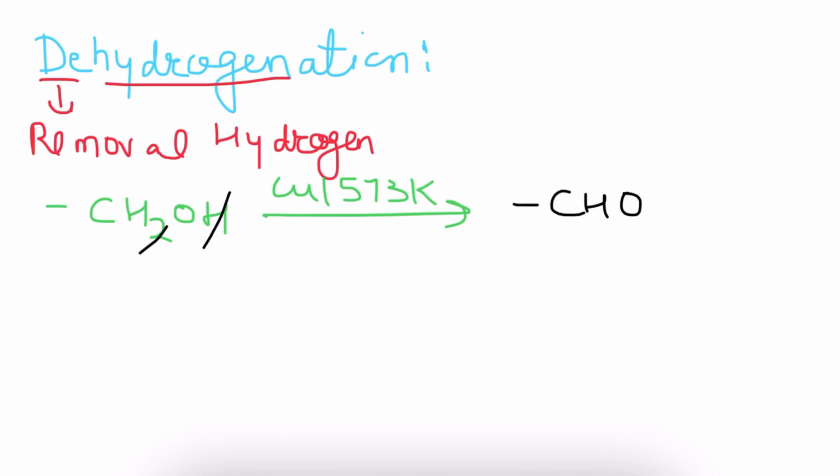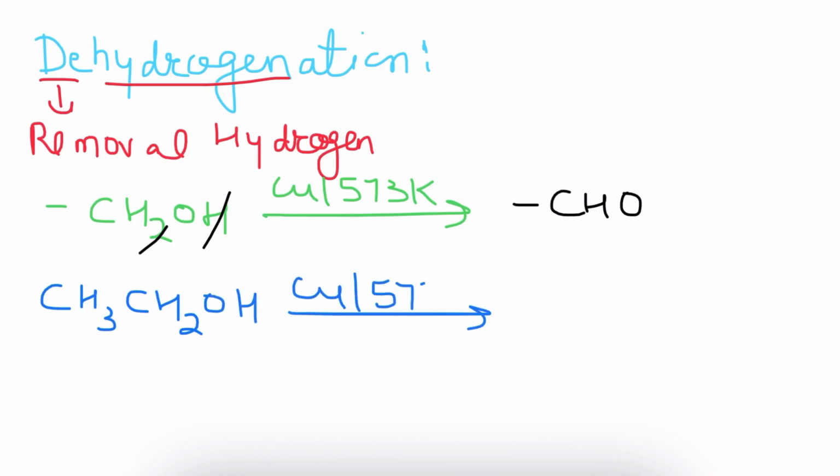Let's take the simplest example, ethanol, CH3CH2OH. Ethanol with copper at 573 Kelvin undergoes dehydrogenation where the hydrogen from oxygen and the other hydrogen from the carbon next to oxygen are removed, resulting in the formation of CH3CHO.